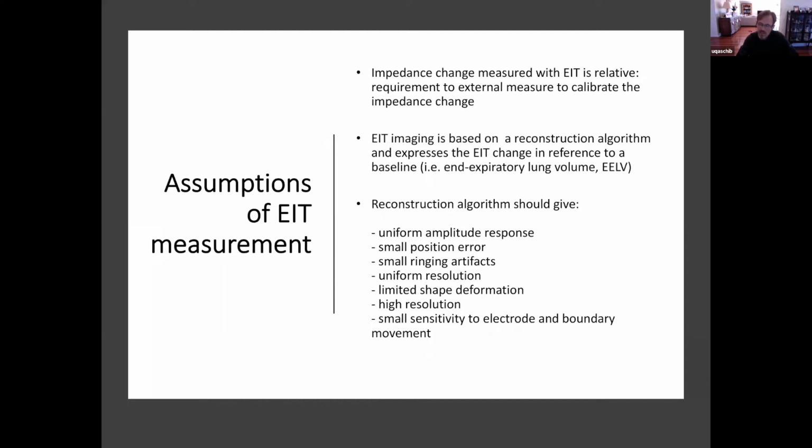We've done sheep experiments. Sheep have a very oily skin, and so if you place electrodes on a shaved, clean skin of a sheep, you don't get anything. You have actually to place the electrodes inside or around the chest wall. You have to suture them in.